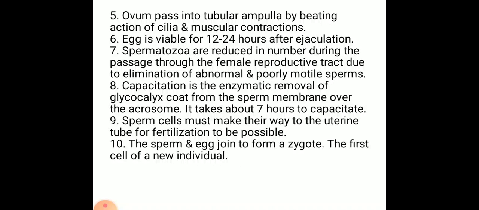And the sperm cells must make their way to the uterine tube for fertilization to be possible. They must enter the uterine tube for fertilization. Then only does fertilization occur; otherwise there is no fertilization without the male gamete. The sperm and the egg join to form the zygote. Hence fertilization takes place, forming the first cell of a new individual.